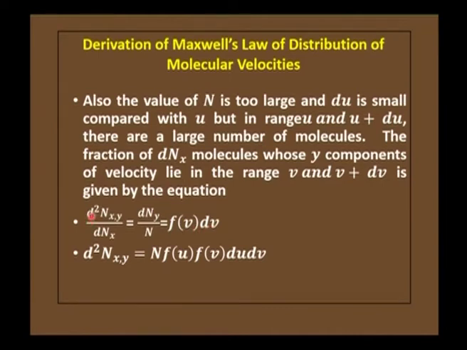Therefore, I can write d squared N of xy is equal to N f(u) f(v) du dv. Therefore, the number of molecules represented by d squared N of xy is very large.